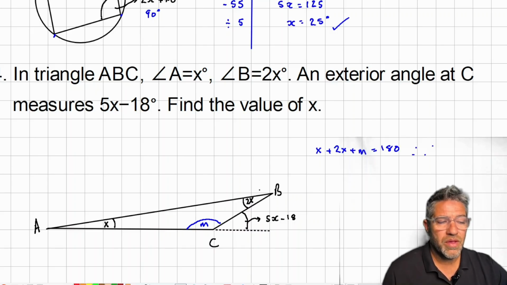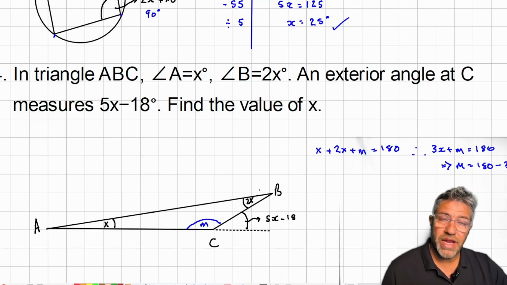Therefore, 3x plus M equals 180, which implies M equals 180 minus 3x. So I've just written that in blue.